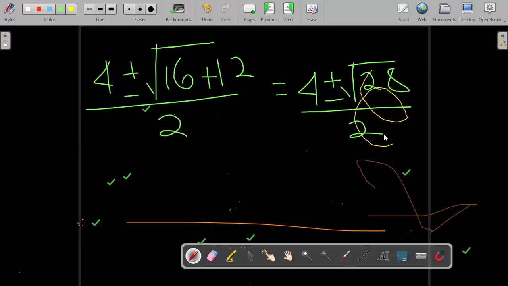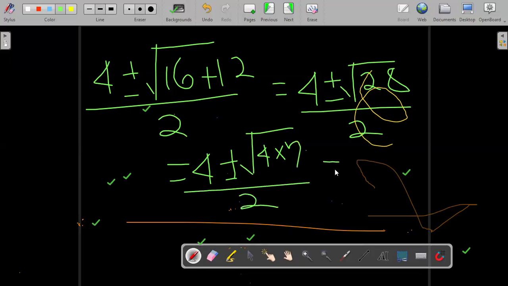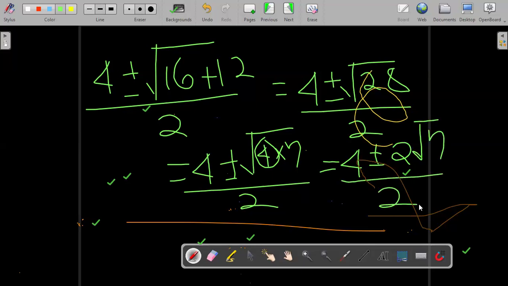28, you can obtain a perfect square from 28, which is 4. So I will have this as 4 plus or minus the square root of 4 times 7 over 2. If you look at the numerator, I can take the square root of 4 out. That will give us 2. 4 plus or minus 2 root 7 over 2.